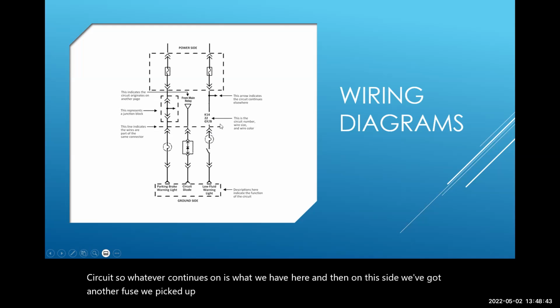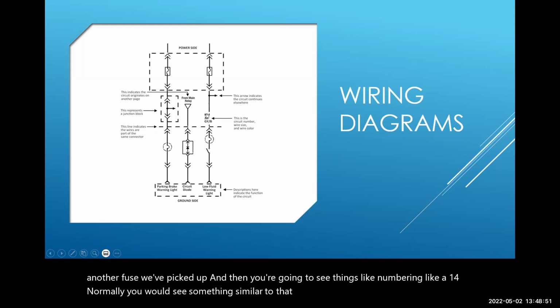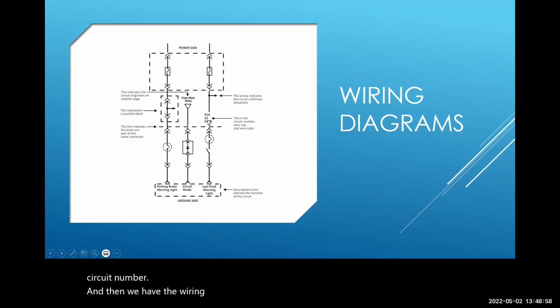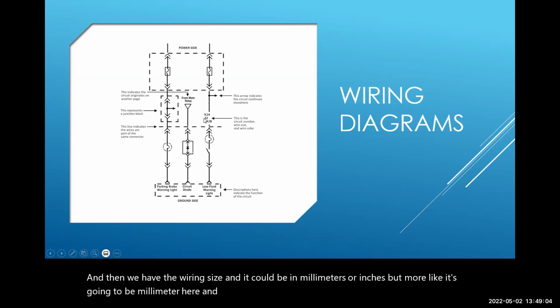Then you're going to see things like numbering, like a K14. Normally you'd see something similar to that over here. K14 is the circuit number. Then we have the wiring size, and it could be in millimeters or inches, but more than likely it's going to be millimeters here. Then we have a color.